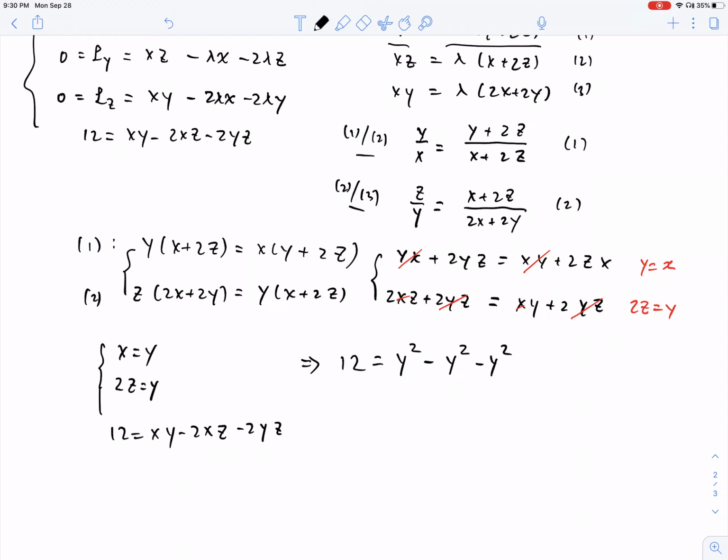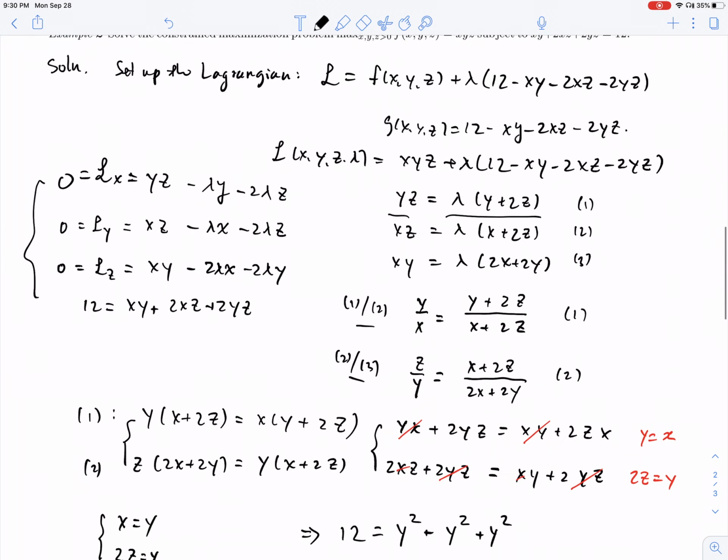So from over here, what we have is that, oh, that's just too bad. We made a mistake. All these things are plus signs. Okay, don't be silly. All these things are plus signs because that's the constraint, right?